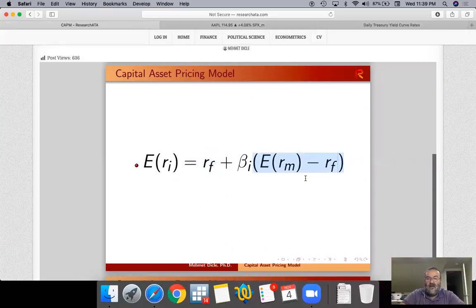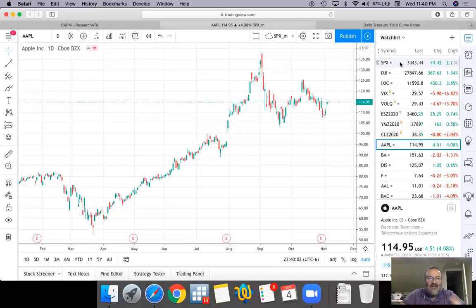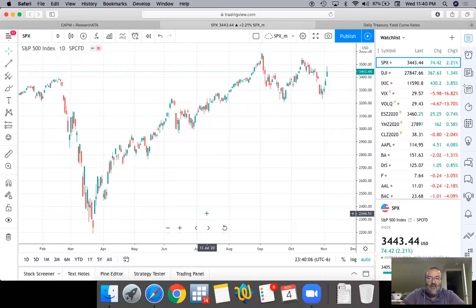This is the market return that is above and beyond investing in the risk-free, which means by choosing to invest in the S&P 500 index, for instance, or in the market, we are leaving the US Treasury return behind, and therefore we should be earning above and beyond the US Treasuries.